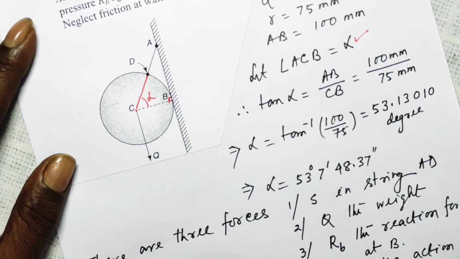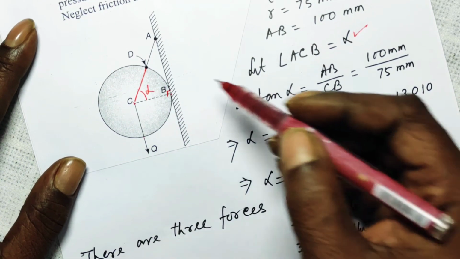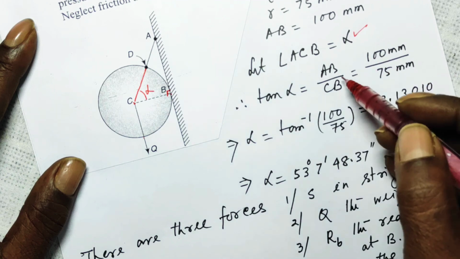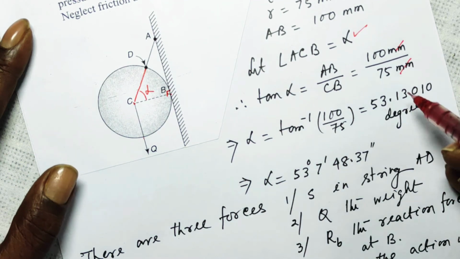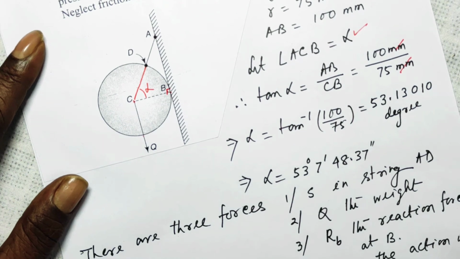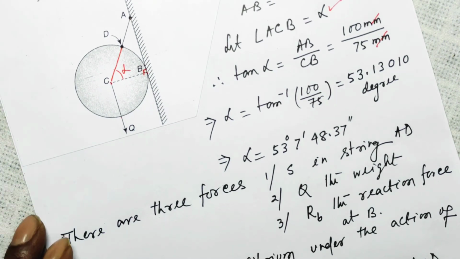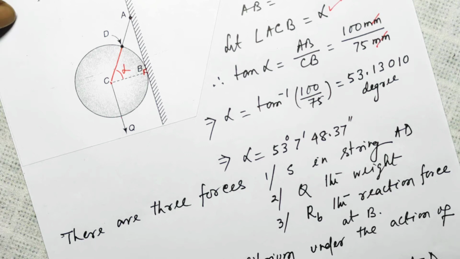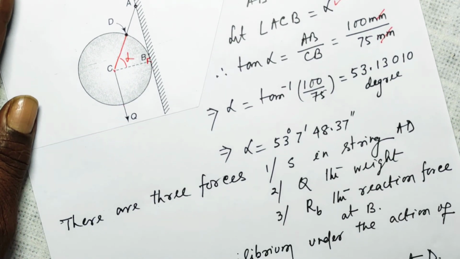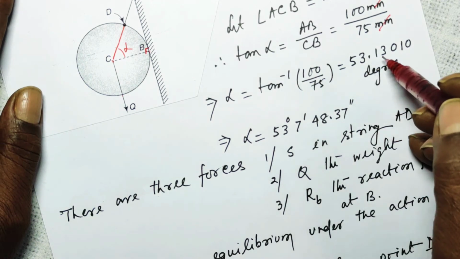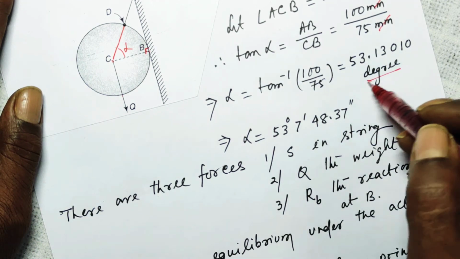So, if you take tan of alpha, it will be AB over CB. Put the value of AB, put the value of CB, millimeter cancels. So, alpha is equal to tan inverse of 100 over 75. Put it in a scientific calculator. This exactly comes out to be 53.13010 degrees.